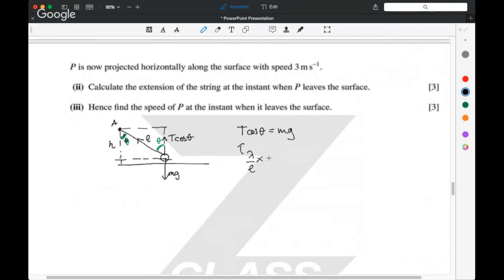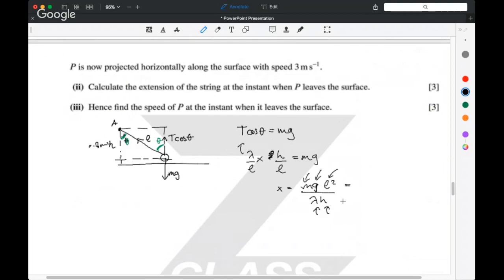So this is h over L is equal to mg. So x is equal to mg L squared over lambda h. So m we have, g we have, L, that's the natural length of the string, we have that. Lambda is the modulus of elasticity, we have that. H is just still the same height of A, 0.8 meters. So we have all these things, and so we get x, no problem.